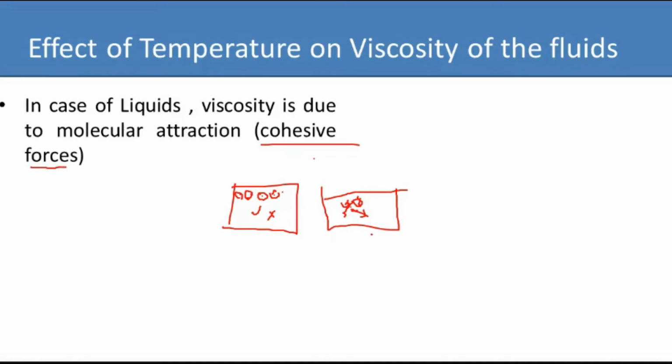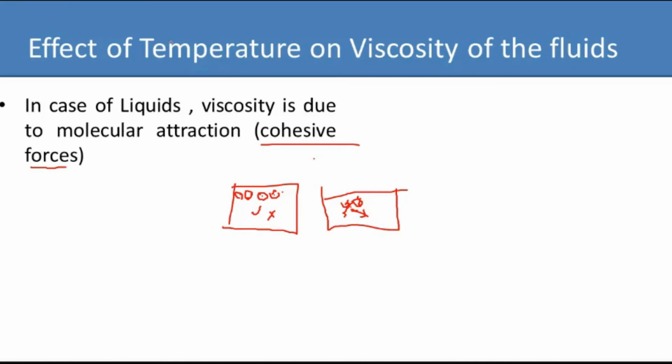So because of that, the molecules of the same liquid will always be closely packed, because the cohesive forces are stronger as compared to the adhesive force between liquid and gases. So because of that, these molecules are close to each other.